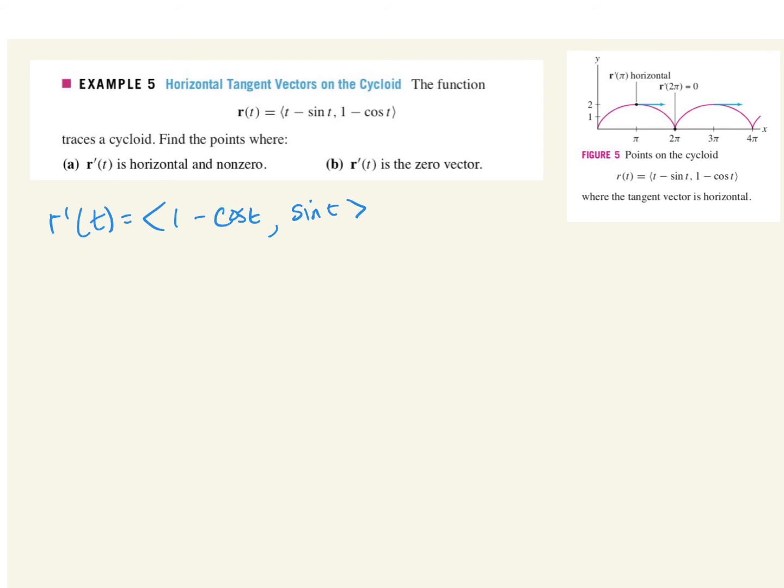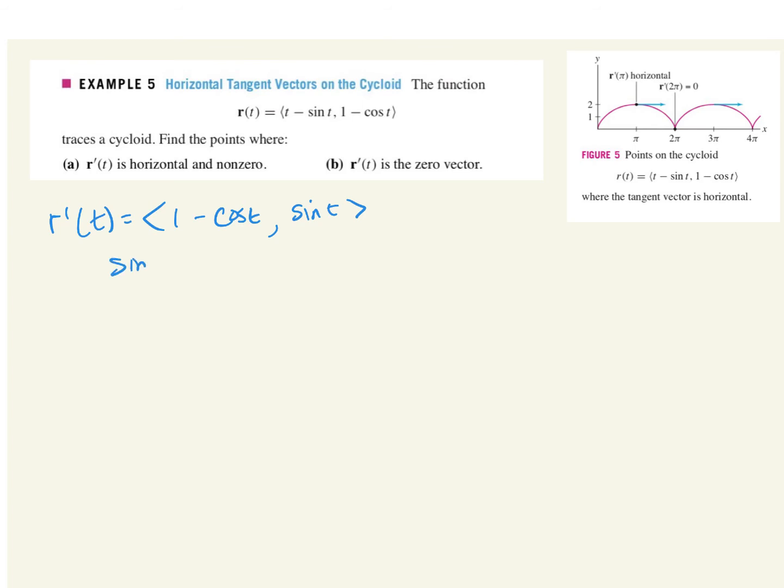So what component here would cause us to have a horizontal tangent? Sine t equals 0. Yes, the y component. Think of it, most simply put, as change in y over change in x. What part of the fraction needs to be 0 to have horizontal? What part of the fraction would need to be 0 to have vertical? So numerator versus denominator, y component in this case.